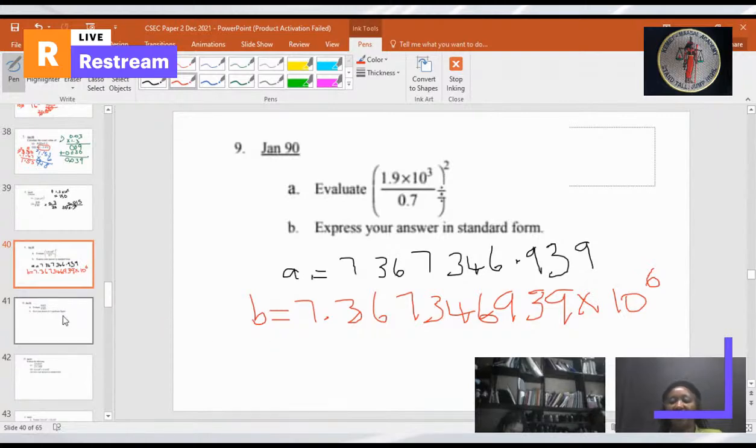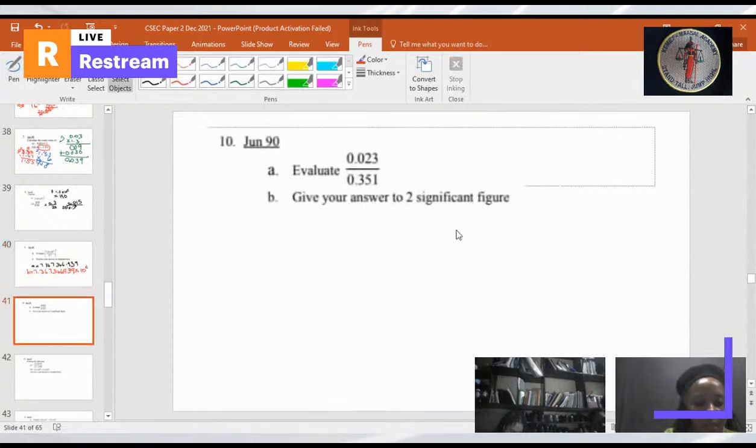We just have 15 minutes to go, guys. Amari, this is yours. Use your calculator to work that out, and then we need to write it to two significant figures. Plug that into your calculator, Amari.